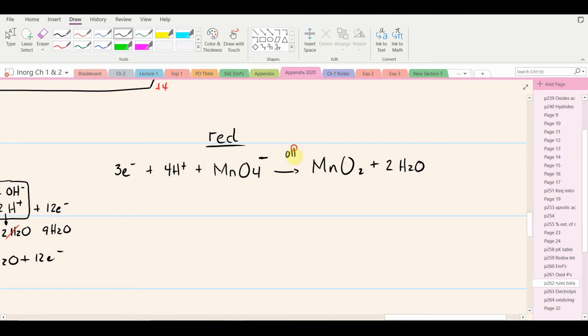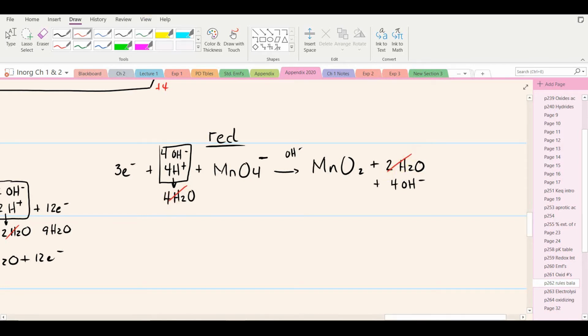We do not have hydrogen ion present, so we're going to neutralize all of our hydrogen ions with an equivalent number of hydroxides and form that many waters. 4 hydroxides and 4 hydrogen ions makes 4H2O. And we have to make sure we add the same number of hydroxides to both sides, otherwise we have unbalanced our equation. If we can cancel some water, we do so, and it looks like we can again.